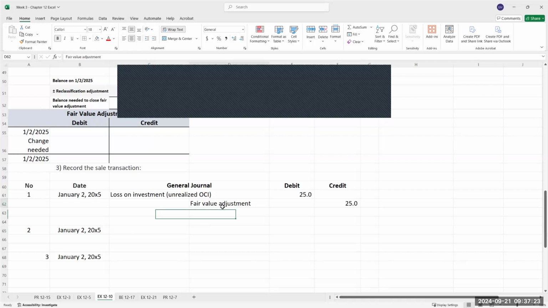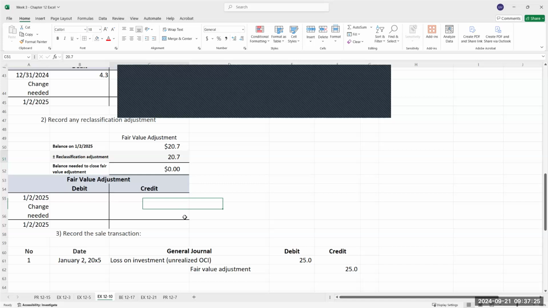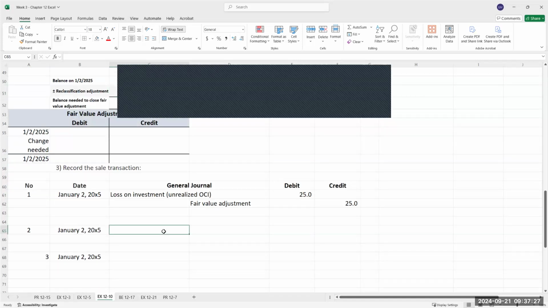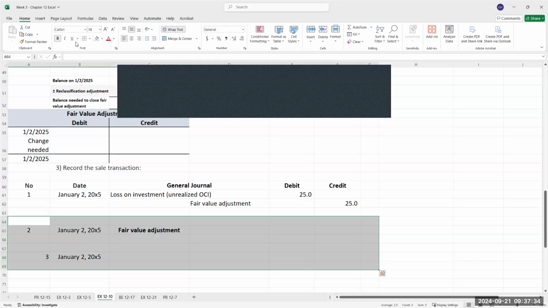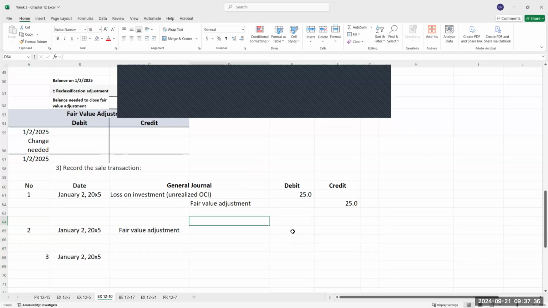And then from there, we account for the fair value adjustment. Again, we need to get this balance down to 0. It's showing 20.7. So therefore, we also need to reduce the balance in the fair value adjustment. Why? Because we sold it. So we need to get it down to 0. So we account for the 20.7.